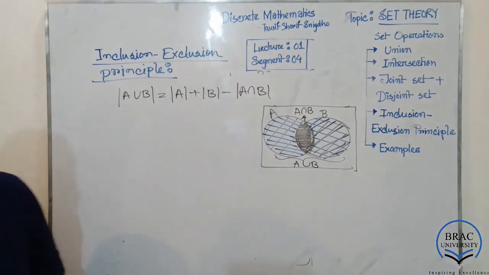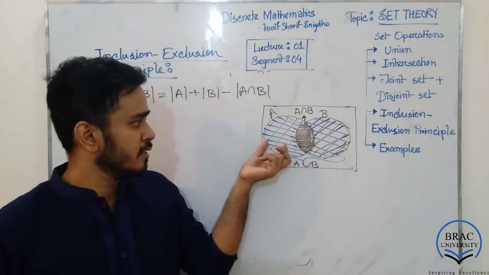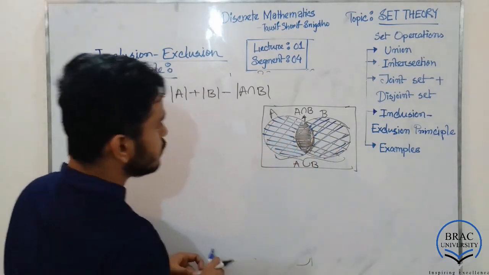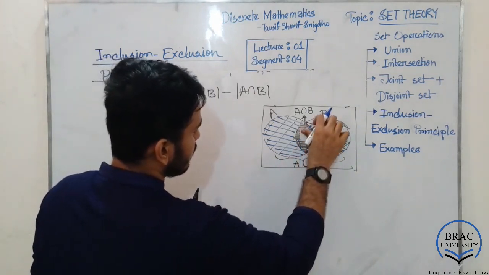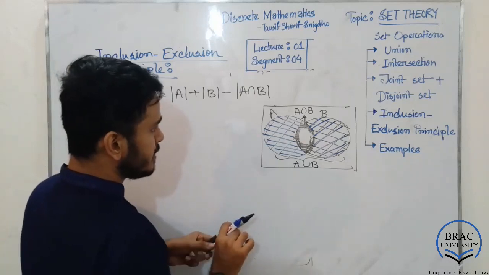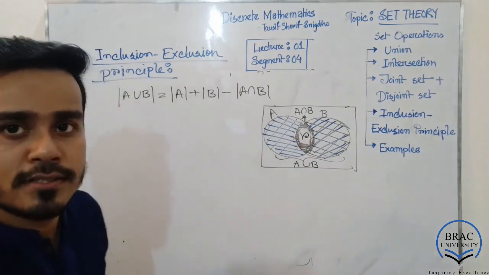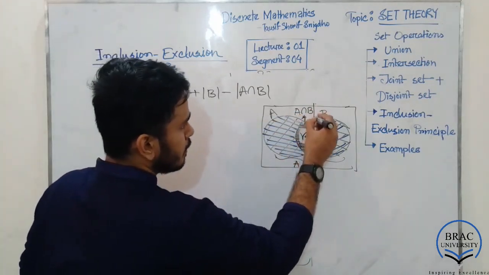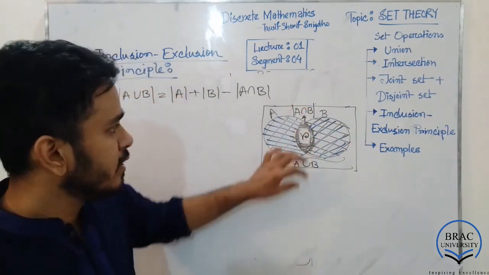So A union B is divided into 3 subregions. Let's assume that this black region has the total number of elements R. It means the cardinality of A intersection B is equal to R, right?